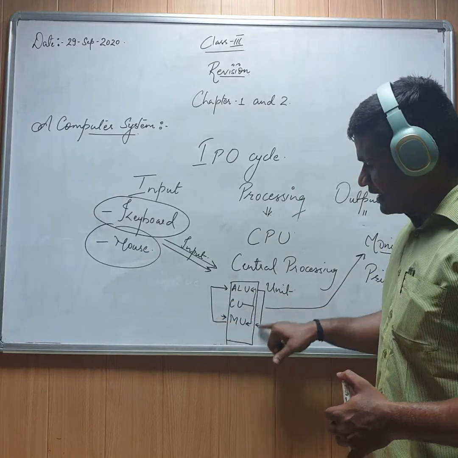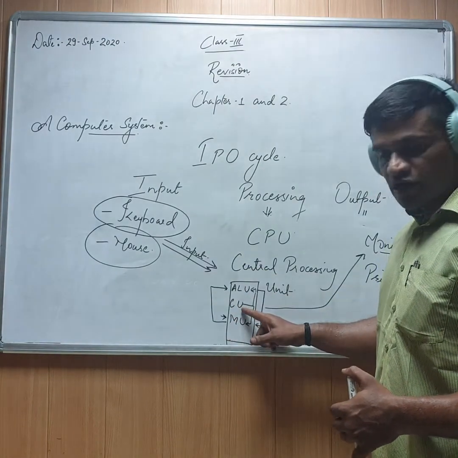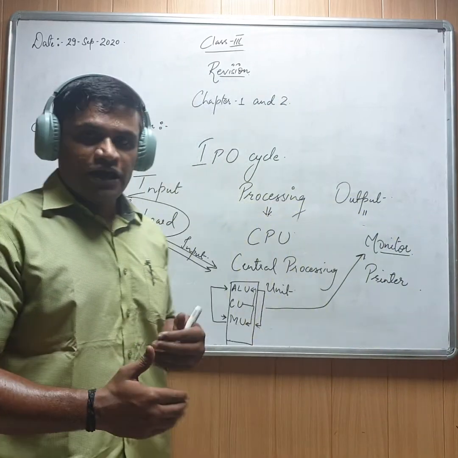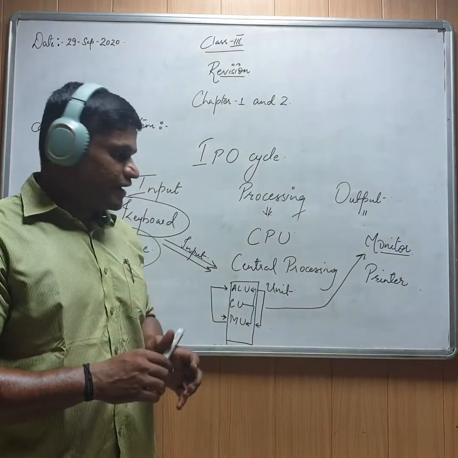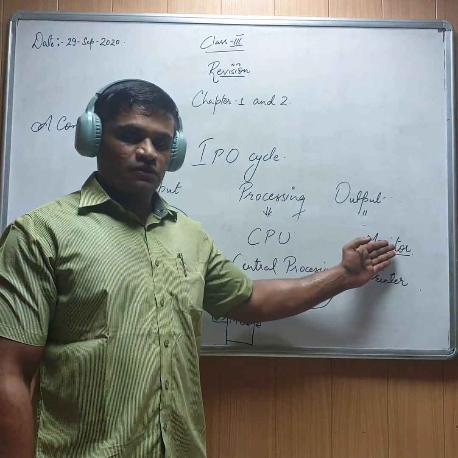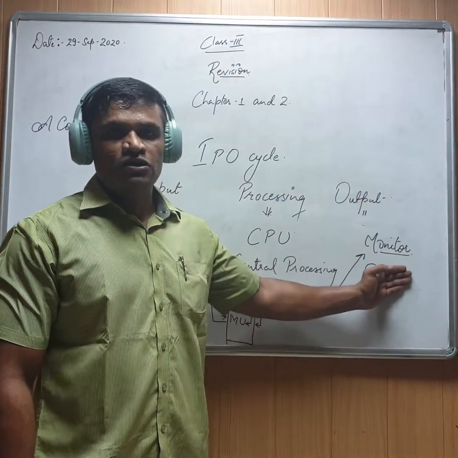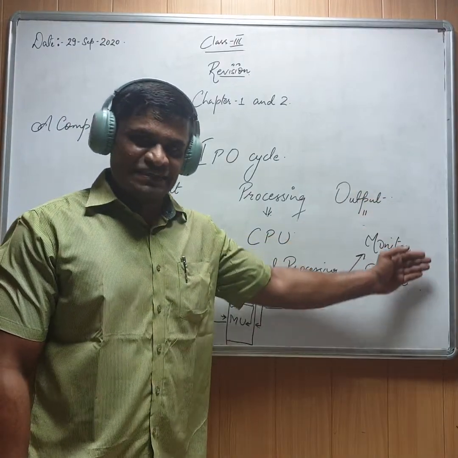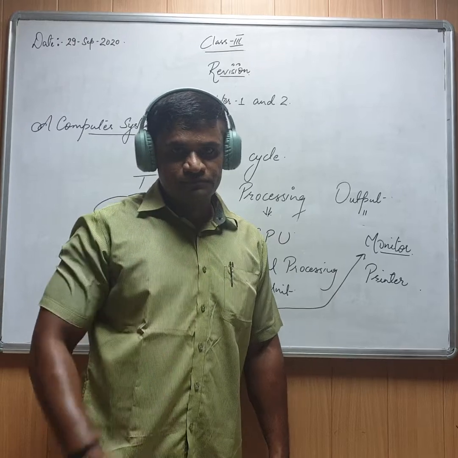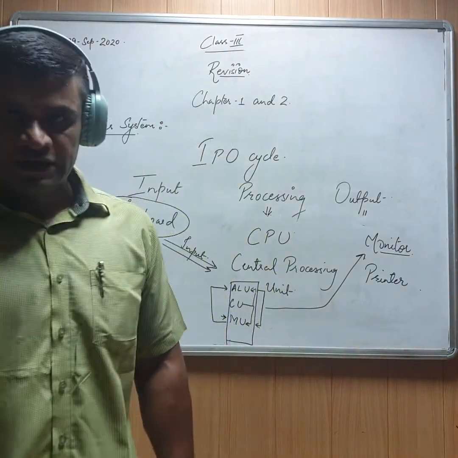All this work is controlled by the control unit. Once the processing is done, if a resultant is generated, it will be transferred to the output unit, that is, the monitor, where it is displayed, and the printer, where it is printed out. I think the topic is clear up to this.